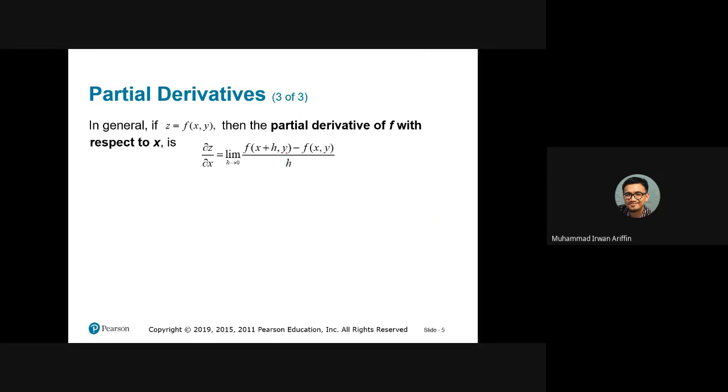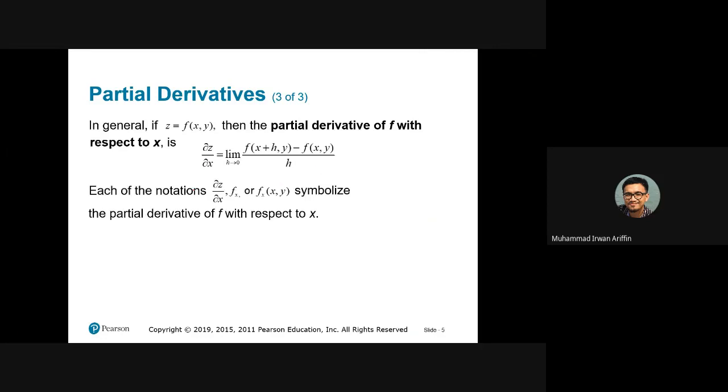And y, we simply treat as constant. To make the notation simple, usually we denote the partial derivative as f sub x, which symbolizes the partial derivative of the function f with respect to x.